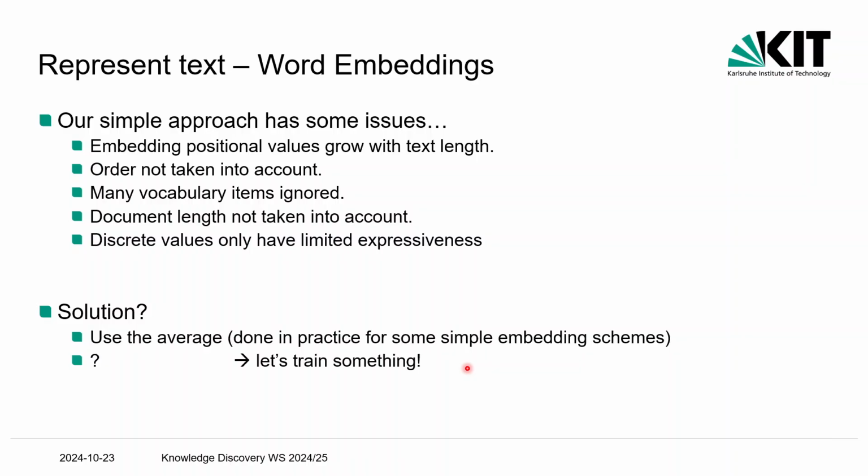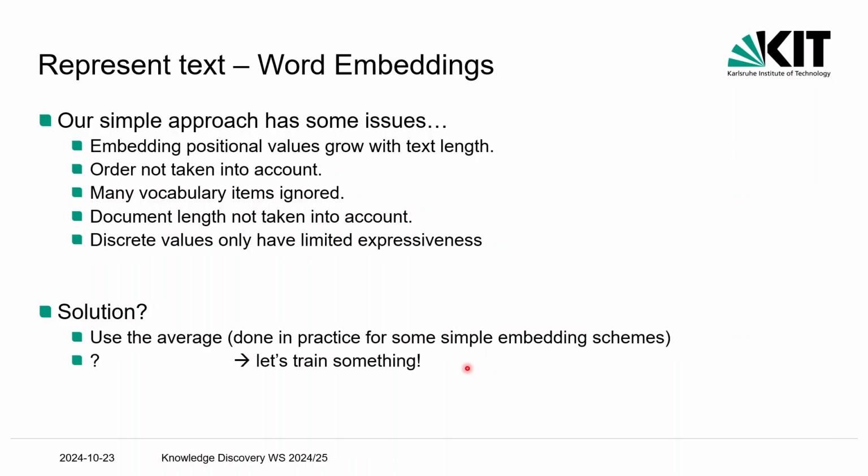So what would be a good solution to this? Okay, let's use the average. Let's just add all the word vectors together and then average over it, and then even if we have a word appearing more and more, it would kind of be averaged out over everything and should be fine, right? Well, in some simple embedding schemes, once you have word vectors that are nicely defined in a real valued space, you add them together, you average them.